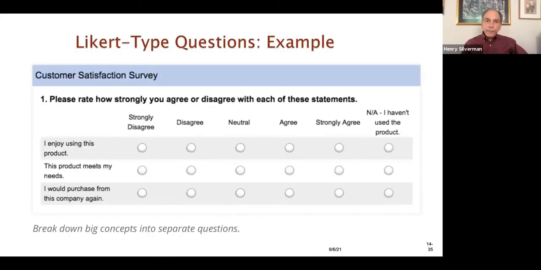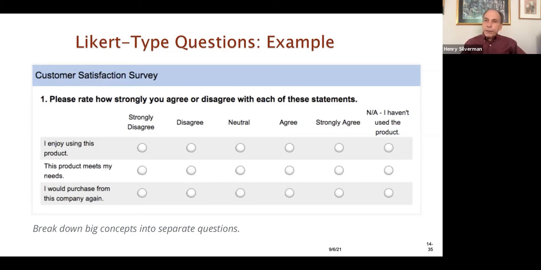And here's another showing a matrix. I enjoy using this product, strongly disagree to strongly agree. Now notice here, we have this neutral category. However, I want to make an example about this neutral category.